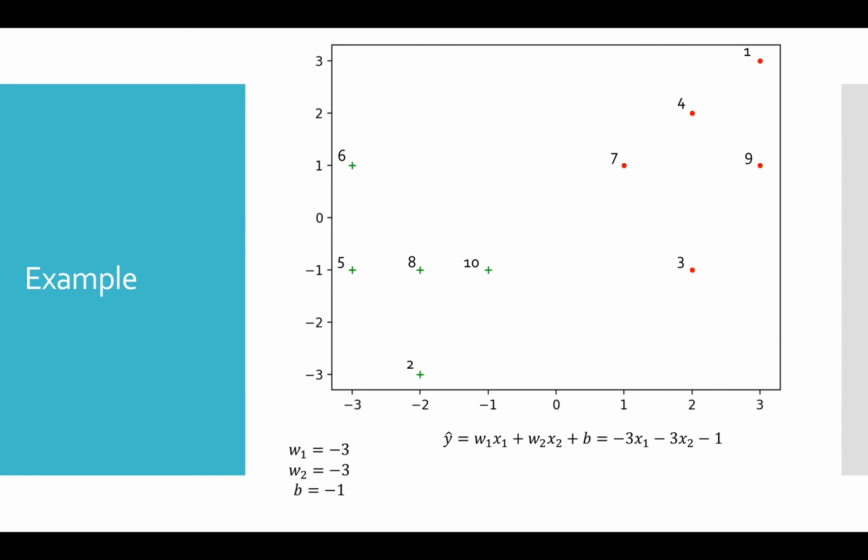So every prediction is going to be W1x1 plus W2x2 plus B, which is -3x1 - 3x2 - 1. Okay? We can actually plot this by working through this equation and getting it into slope-intercept form, right?